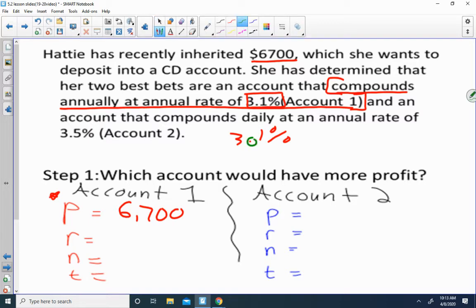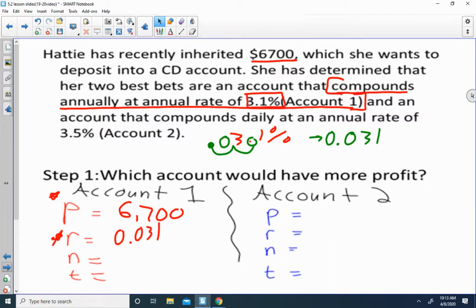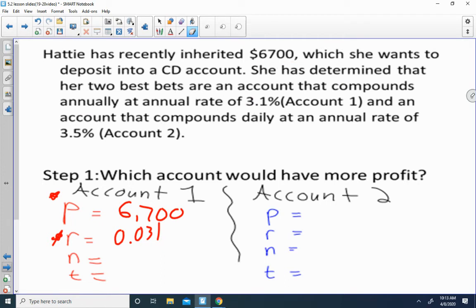And we do that by moving the decimal 2 places to the left. And of course, right here is where we're going to have to put a 0. So in other words, instead of 3.1, you're going to say 0.031. That's what you're going to have to put for the rate. Please make sure you're careful with that. You'll always have to change your percentages to decimals.